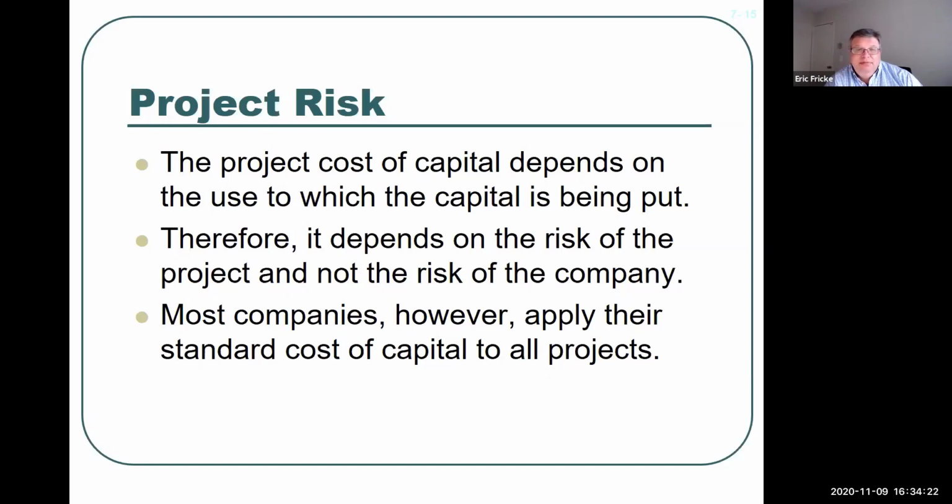But the textbook wants to make it clear that we have to look at project risk. We can't just automatically use the overall risk of the company and the company stock for estimating the discount rate for a particular project.